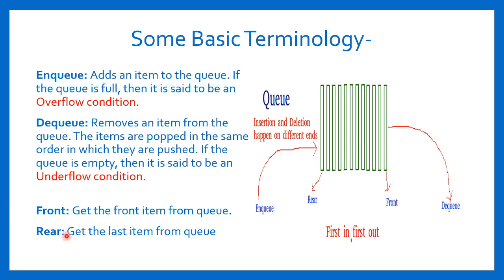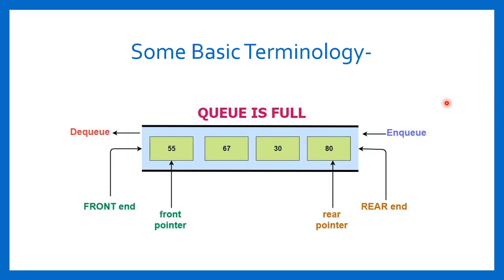Front and rear. Front is the first element to be taken out from the queue, or the first element that will be given the order or provided with the resource. Again, this is a queue that is full, with all the people standing.